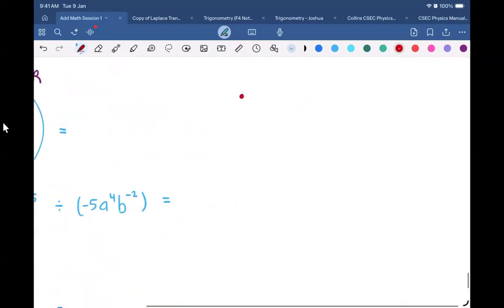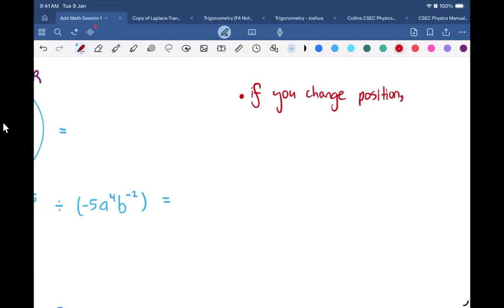So here's what. When you're doing these questions, you need to know that if you change position, the sign changes for the power. You should also try to simplify inside brackets.